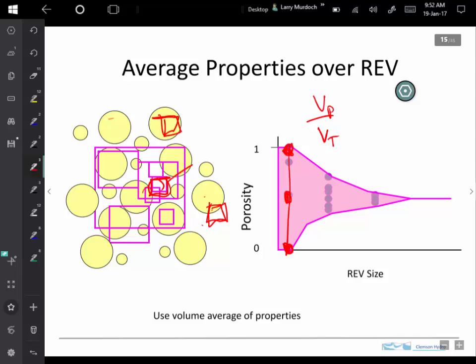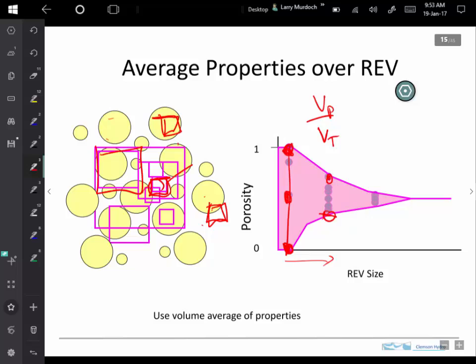And so as we make this block larger, we can see that at that scale, as we move it around, the REV is getting bigger. Depending upon where we put it, we might have a porosity here if we're mostly in solids, and if we move it over a little bit and mostly in the pore space, we have it here.